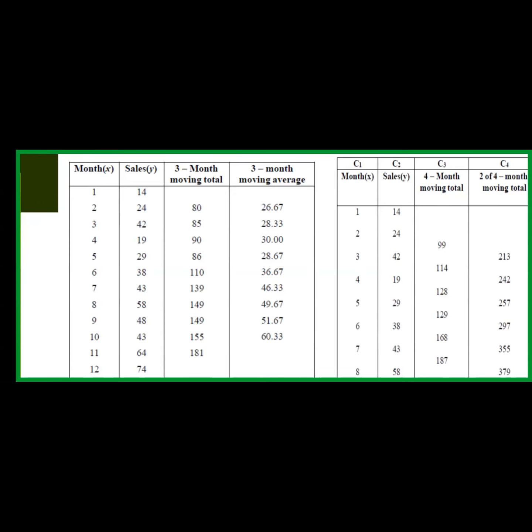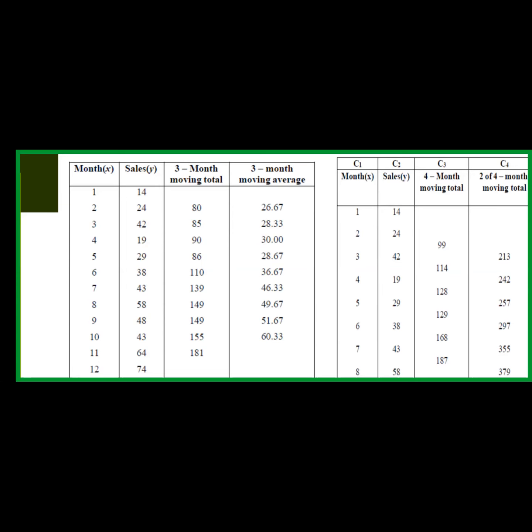So you are not going to put it in the middle of the 3. That is why there is nothing in front of 14, but there is something in front of 24. So you will add 3 numbers together: 14, 24, 42. You will get the total. The total, you now put it in the middle number, which is 24. That's why you are saying 80.